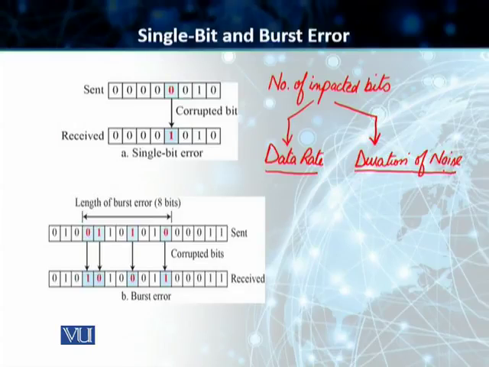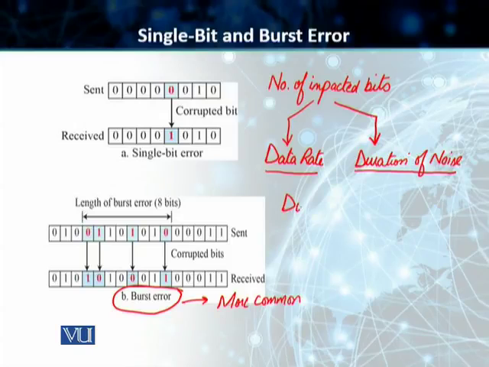Because of that particular reason, students, our burst errors which are out here, they are more common than your single bit errors, and the reason for that is that the duration of the noise signal is normally longer than the duration of the bit.